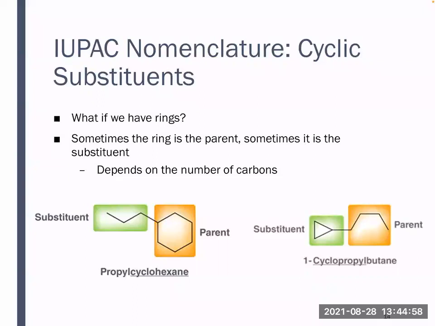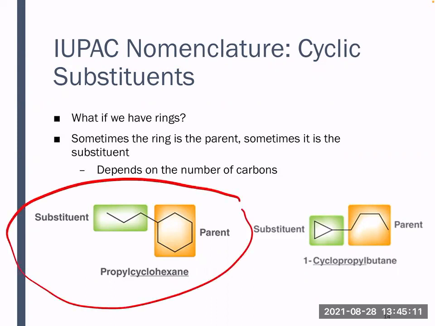What if we have rings? So sometimes the ring will be the parent chain and sometimes it's a substituent, and it depends on the number of carbons. So if we look at this example here, the parent is the cyclic group because it has more carbons than the substituent. So this is called propylcyclohexane. So cyclohexane is my parent, propyl is my substituent.